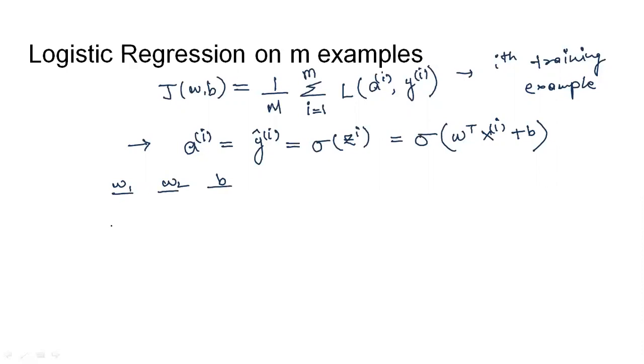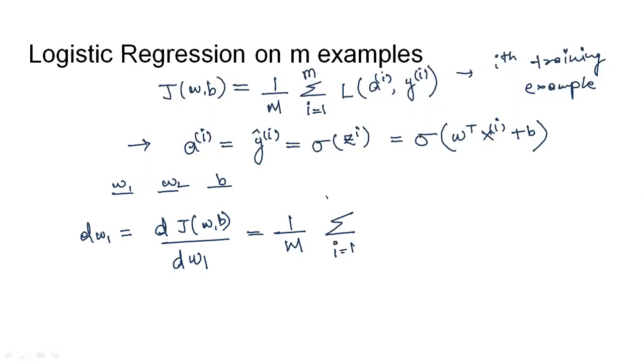Then we can write the derivative dw1 as d of J of w comma b upon dw1, which is equal to 1 upon m, the summation from I equal to 1 to m of d upon dw1 of L of a of I comma y of I. This is the derivative of the final cost function corresponding to the ith training example with respect to the intermediate variable w1.